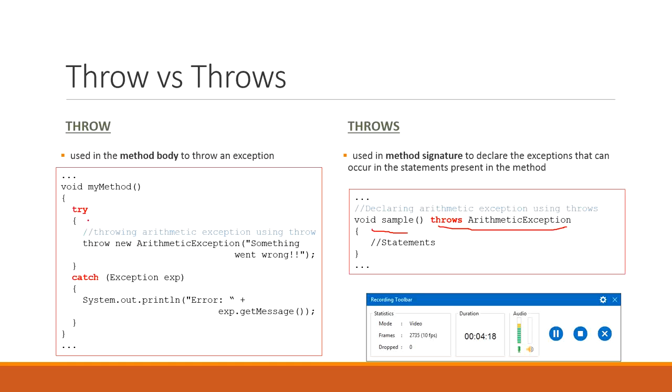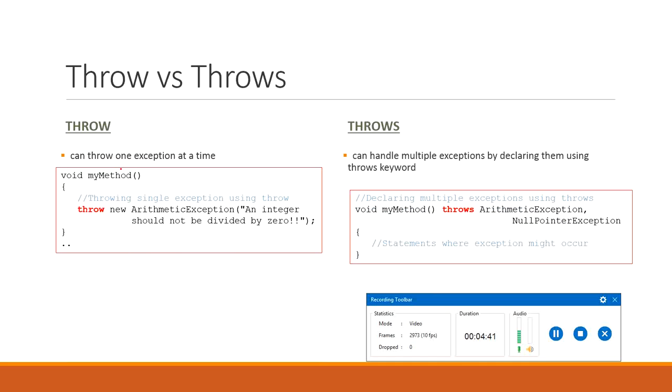And the throw keyword is used in the method body. It is followed by the new keyword, followed by the exception class, and inside the brackets we provide the string message that should appear. So this is the main difference: throw is used in the method body, whereas the throws keyword is used with the method signature.